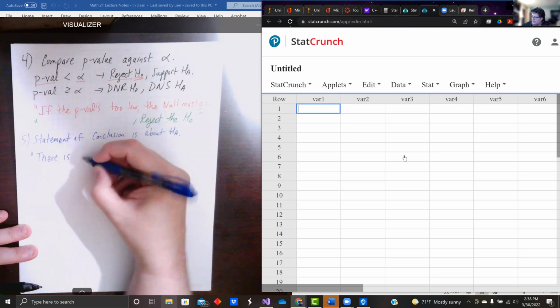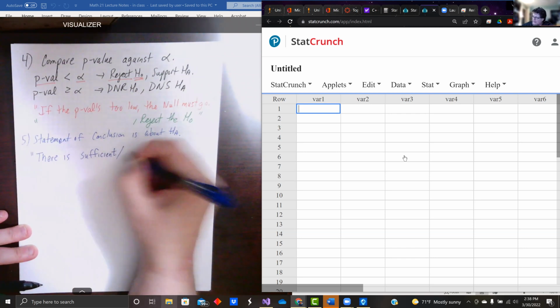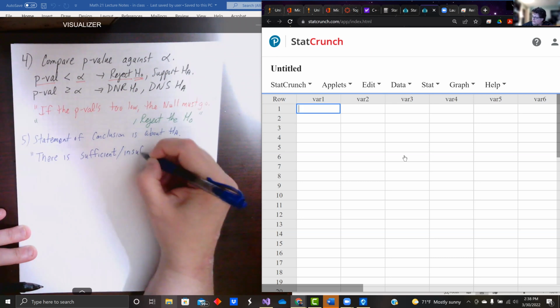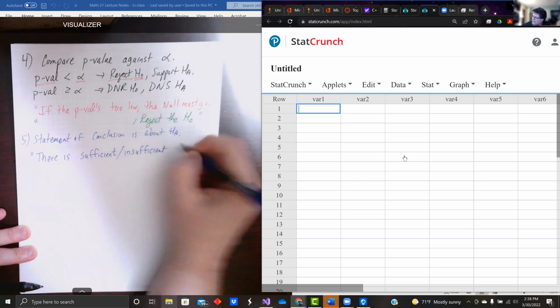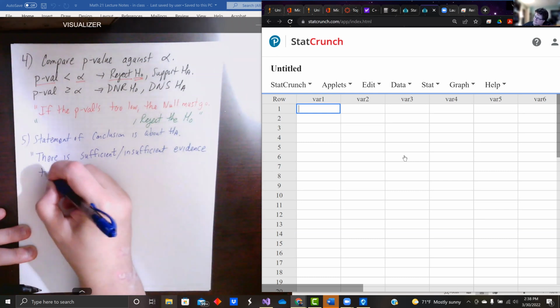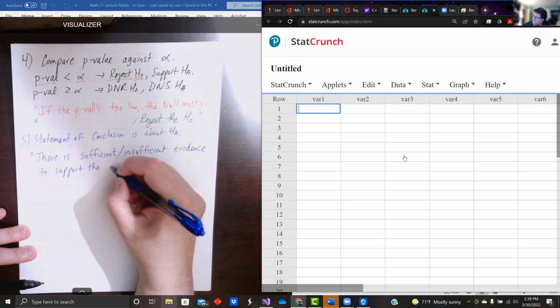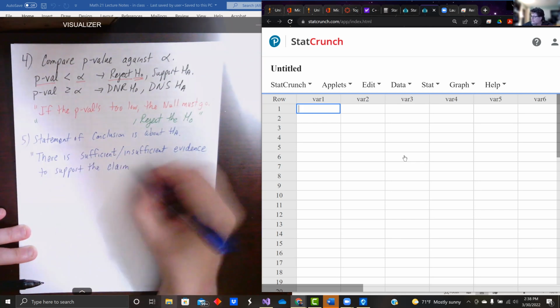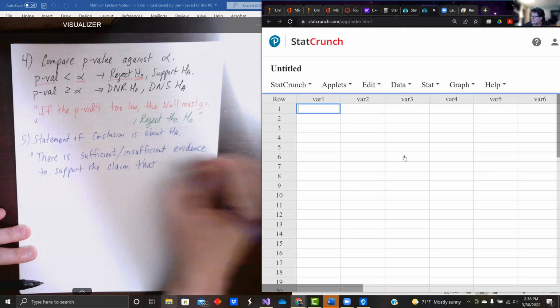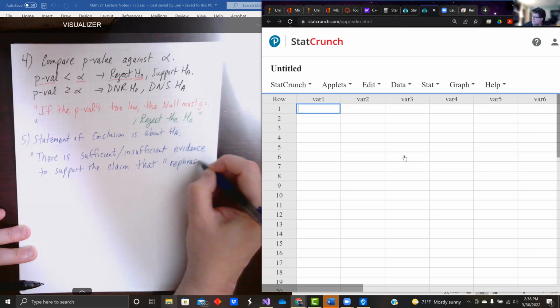There is sufficient / insufficient evidence to support the claim that, and then rephrase or paraphrase HA.